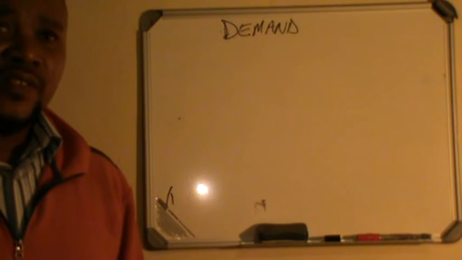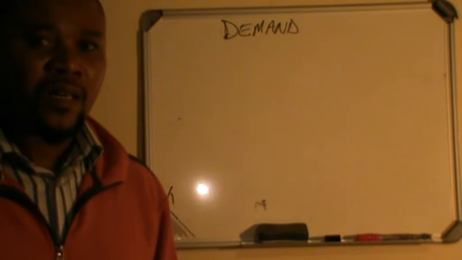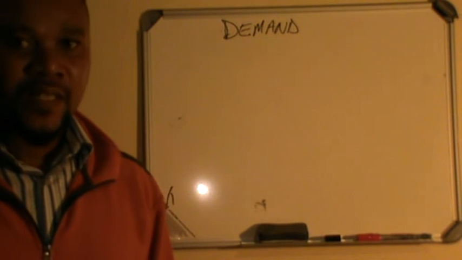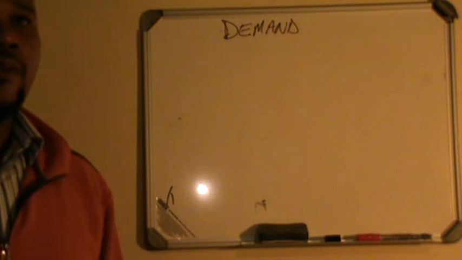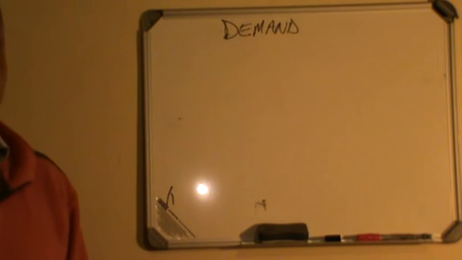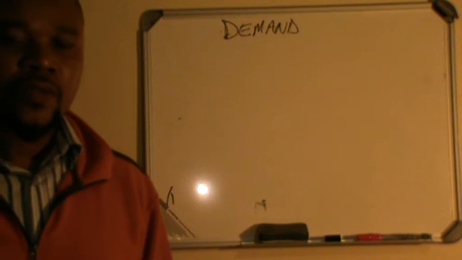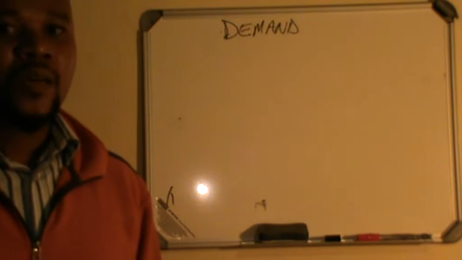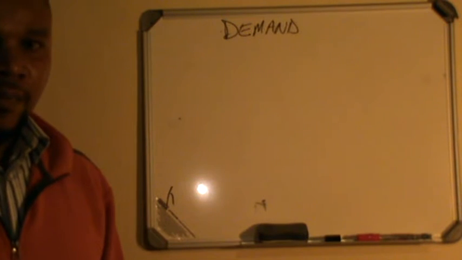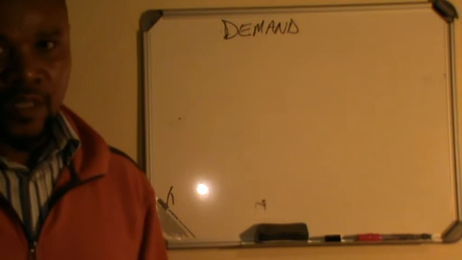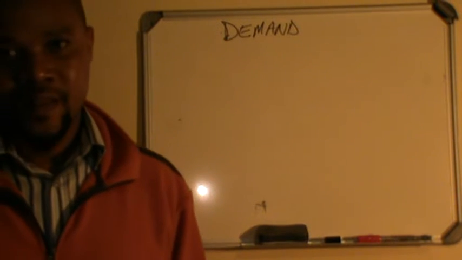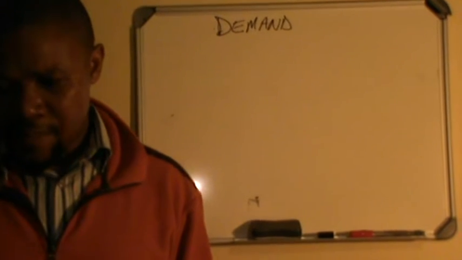So it is really the interaction between demand and supply that determines the price of various products in the market, and not only the price but also the equilibrium quantity at which those products should be supplied by the market.